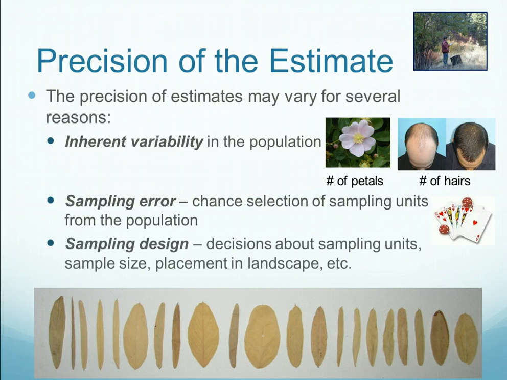Sampling design is another factor that can influence the precision of our estimate. So the decisions that we make about sampling units, the type of sampling units, the sample size or the number of sampling units, how we place them in the landscape, etc., can have quite a bit of effect on the precision of our estimate.